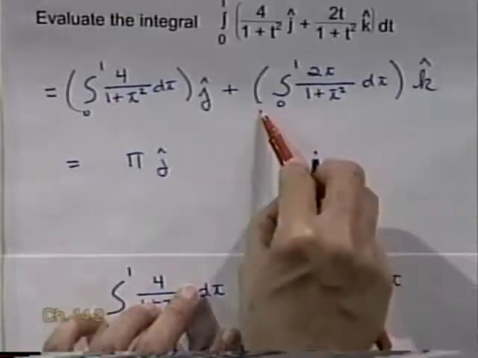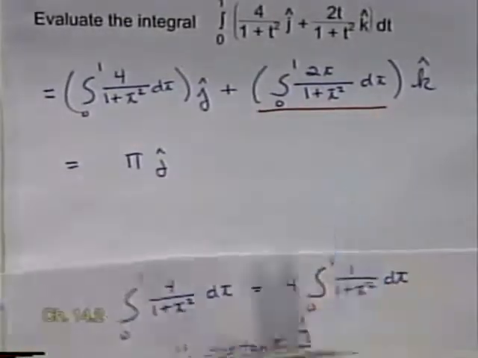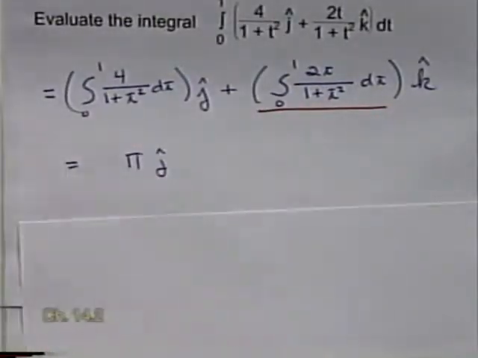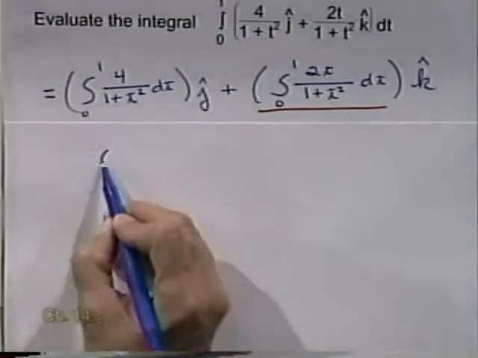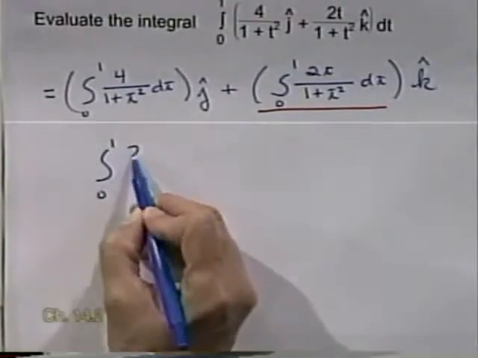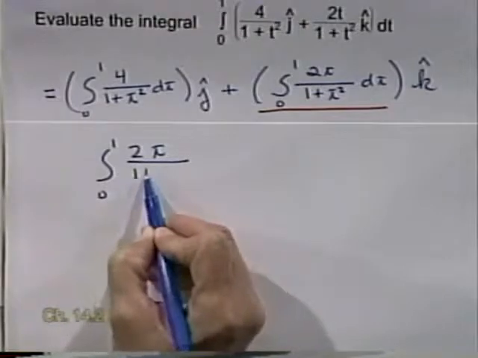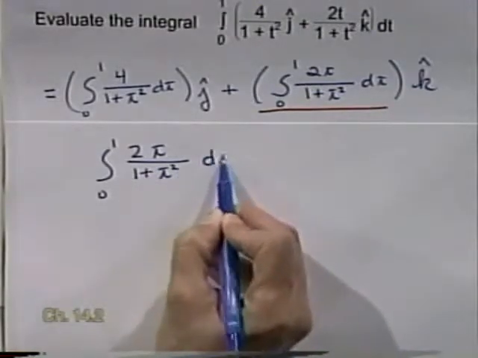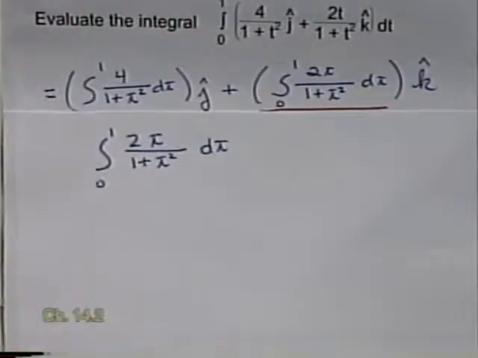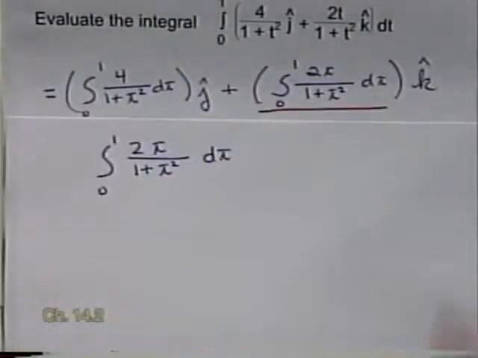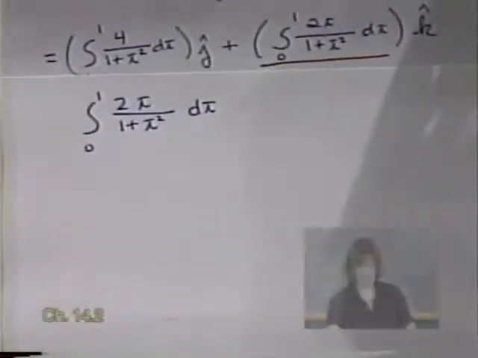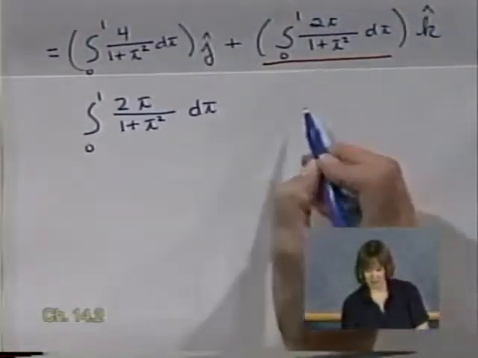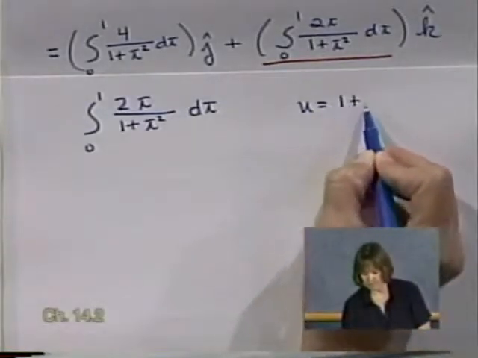Now we have to figure out what's that integral. So let me get a fresh sheet of paper. And now I want to figure out what's the integral from 0 to 1 of 2t over 1 plus t squared dt. For this one, I think I'm going to use substitution. I think I'll let u equal my denominator.